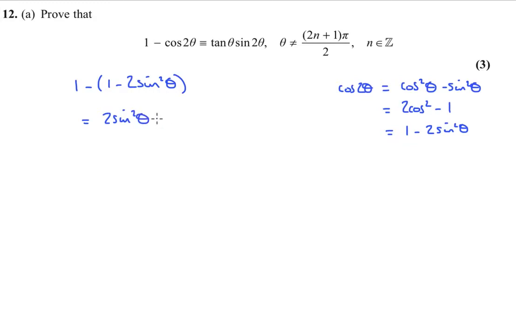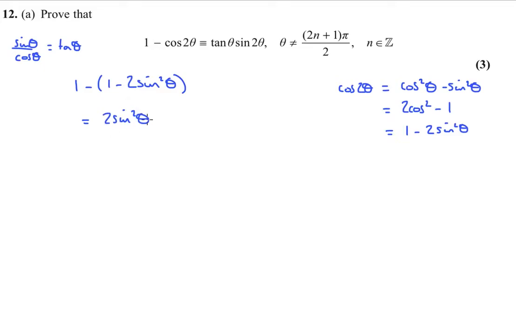Now the next bit is a bit forced really. I know I need to get some tan thetas into the equation, and the only way to do that with a sine squared theta or a sine theta is to introduce something to do with cos theta, because we know that sine theta over cos theta is tan theta.